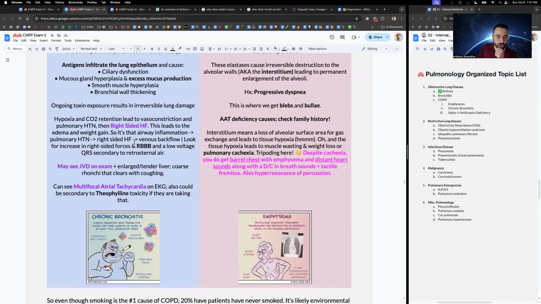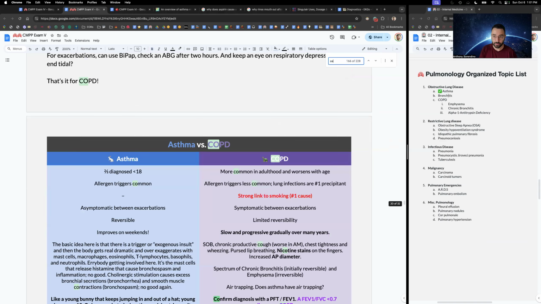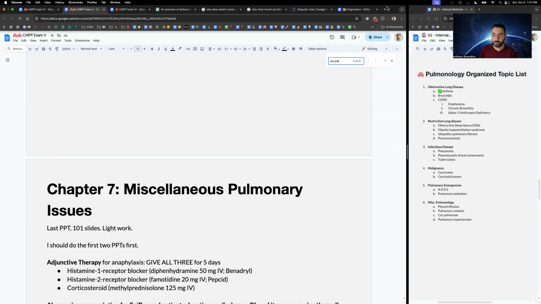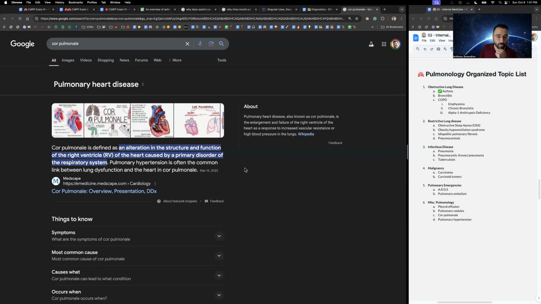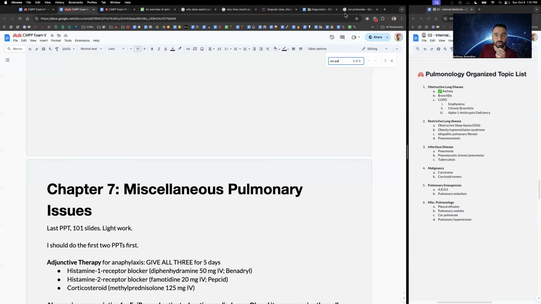So you get right-sided heart failure, and this is cor pulmonale, but I don't have that mentioned here, do I? Cor pulmonale is an alteration in structure and function of the right ventricle caused by a primary disorder of the respiratory system. So that is really what I'm describing here.